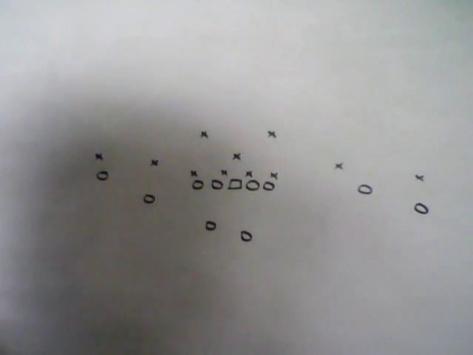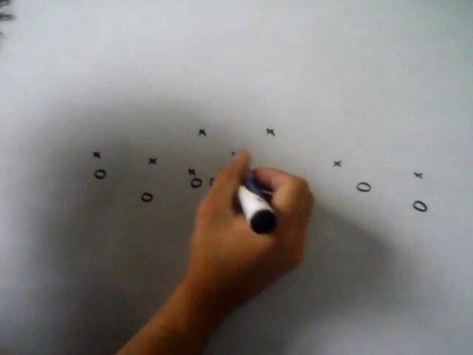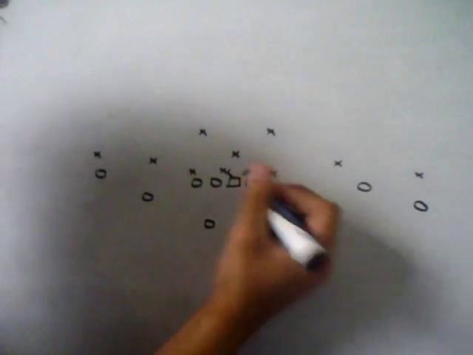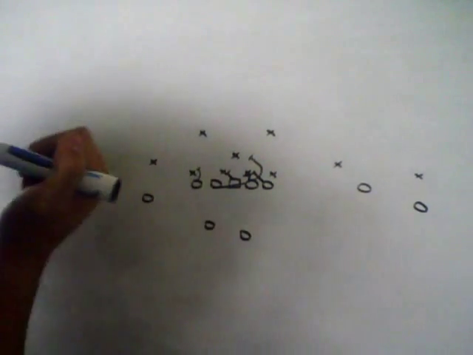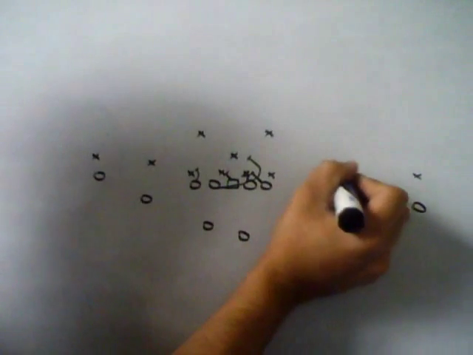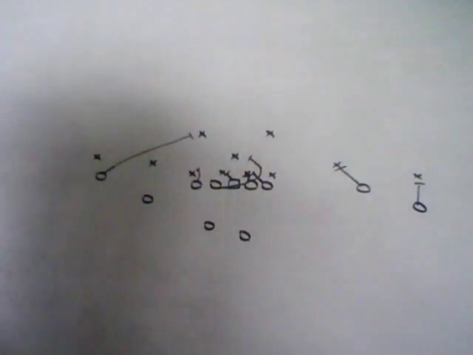Now, the way a team like this would utilize power would be many of the same features. The guard and the tackle double team, center blocks down, backside guard pulls around, backside tackle seals off penetration. Now, the only problem is we have an end unaccounted for.